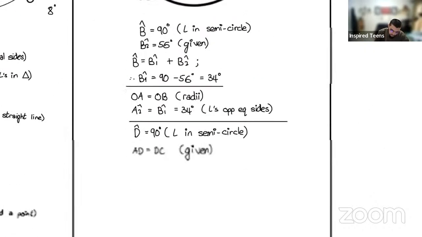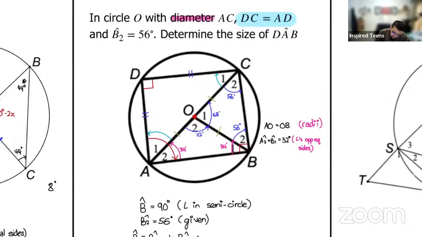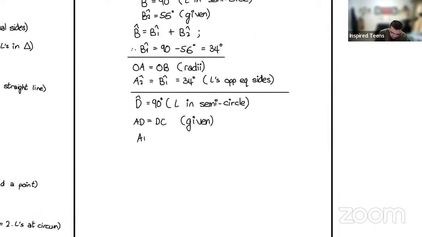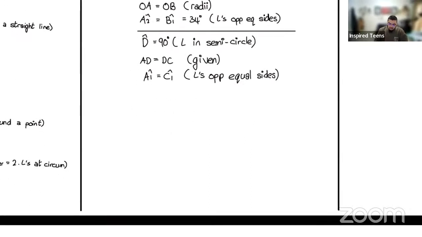Okay, so that's given. So we can conclude from that therefore angle A1 is equal to angle C1. Angle A1 is equal to angle C1. Okay, and the reason for this again is angles opposite equal sides. Right, then we can solve for it.